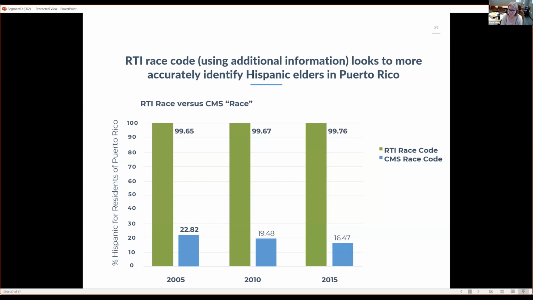So we use Puerto Rico as an extreme example, but with other areas with large Hispanic populations, we again find strong face validity. This is also an example where we do not know the truth, but we can look at this and ask, does this match what we think it should be?